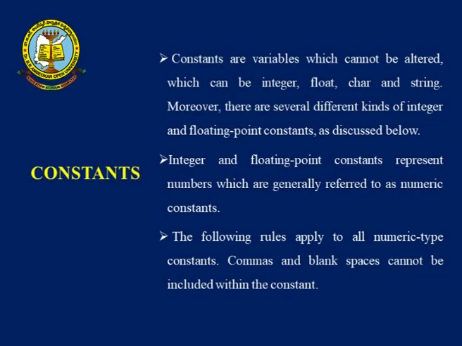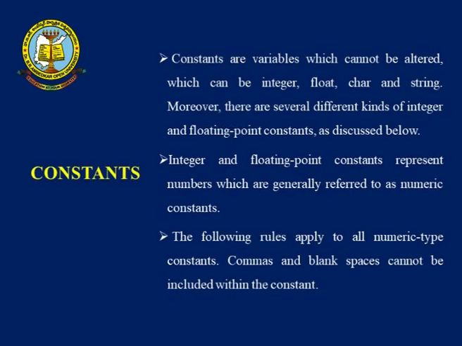Next is the constants. Constants are also tokens of C. We have already discussed identifiers and data types. Now, the term constants. Constants are fixed values which cannot be altered throughout your program. They may be integers, floating points, characters or strings.